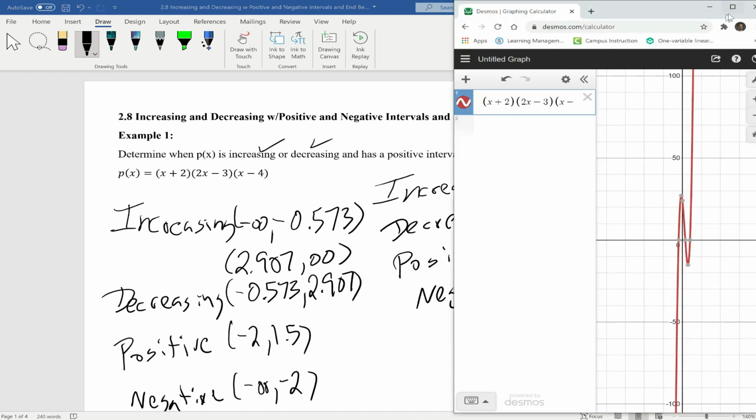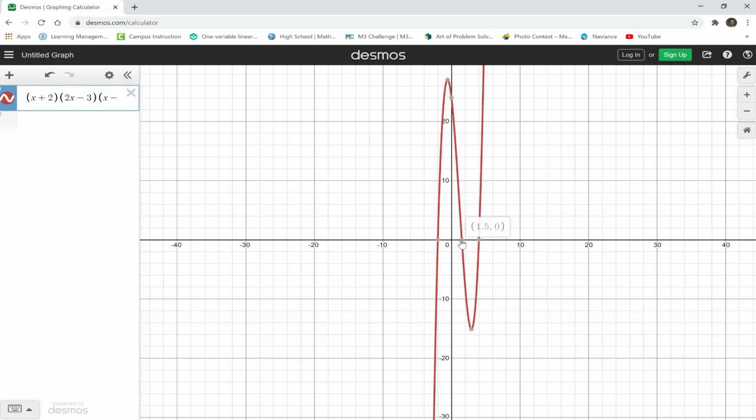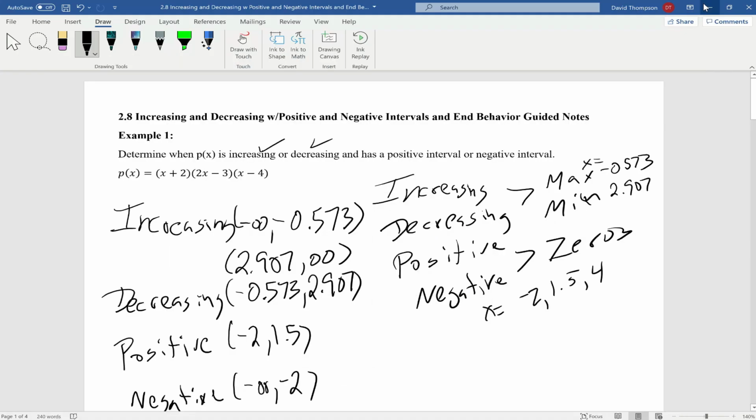And then we drop to decreasing. So we go from negative 1.5 to 4, we're on a negative interval. So negative 1.5 to positive 4. And again, these are using our zeros.